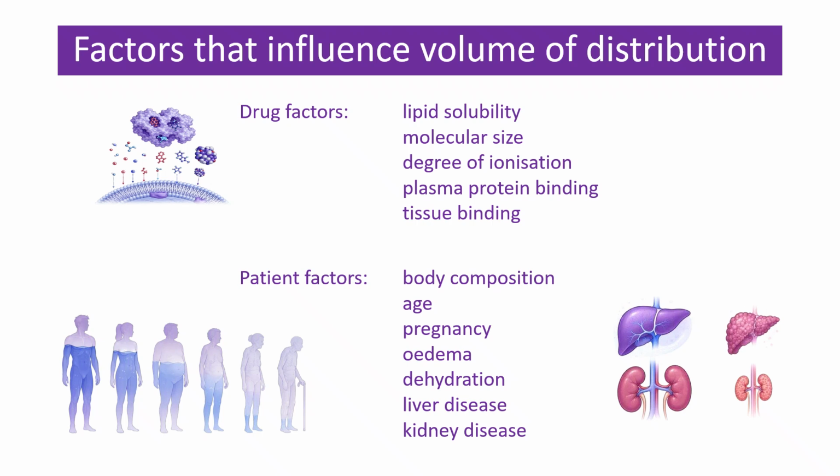This means that the volume of distribution is not simply an inherent property of the drug. It also depends on the characteristics and physiology of the individual patient, which is why the same drug can have different volumes of distribution in different people.